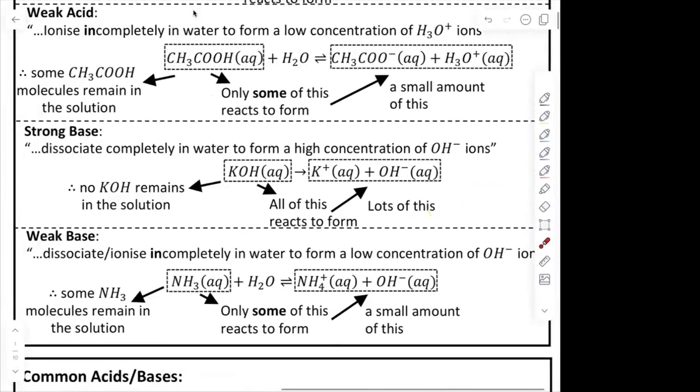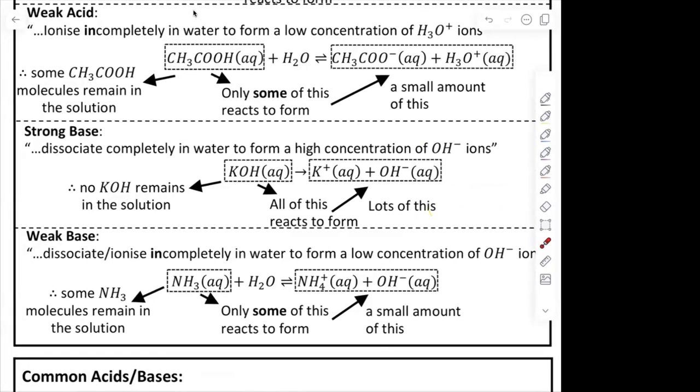A strong base is going to dissociate completely or nearly completely in water to form a high concentration of OH- ions, with a very high Kb value. A weak base will dissociate or ionize incompletely, only partially, in water to form a low concentration of OH-. I'm going to have a very low Kc or Kb value for this one.